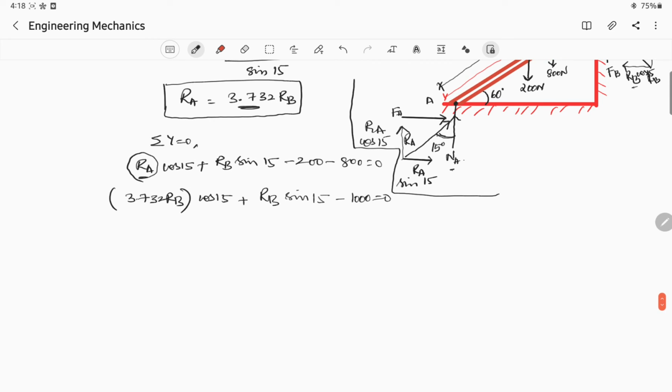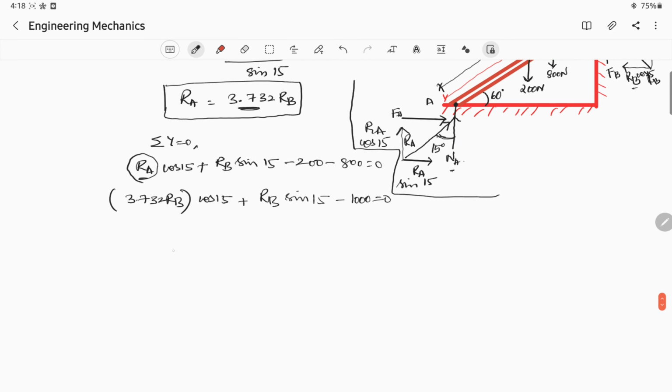If you simplify this, you will get the value of RB is equal to 259.4 newtons, and substituting the value of RB in this equation, you will get RA, that is 969.34 newtons.